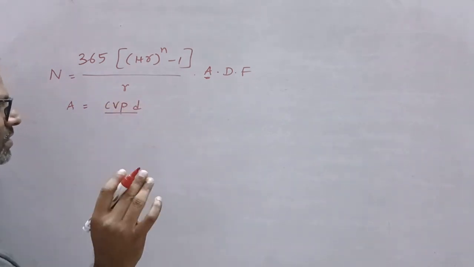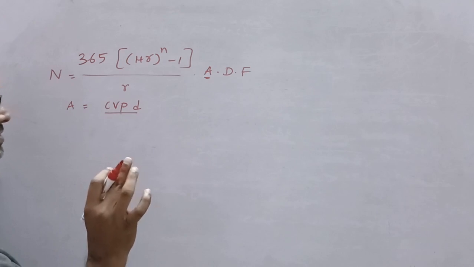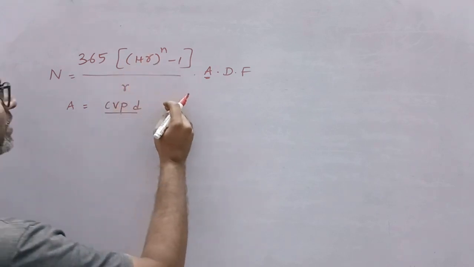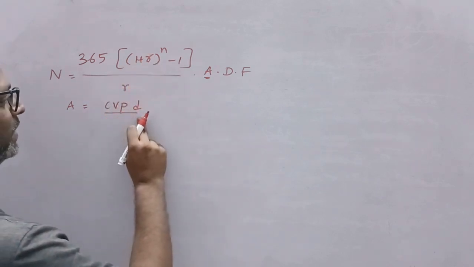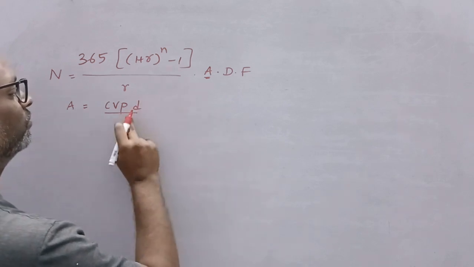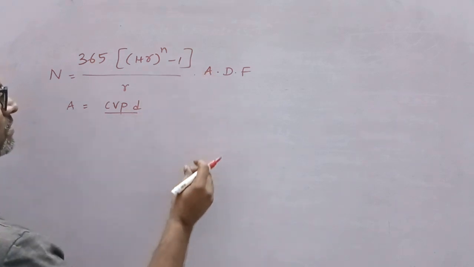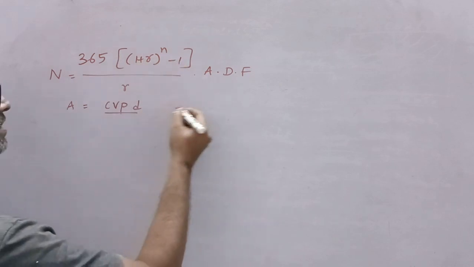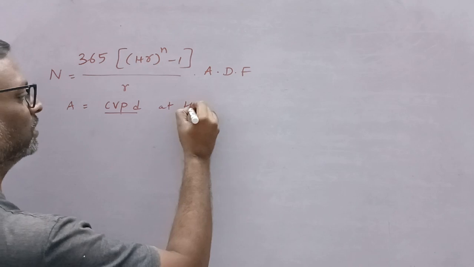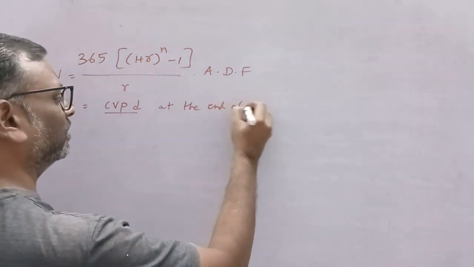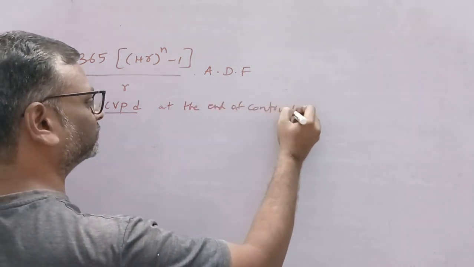We only consider commercial vehicles for the purpose of designing pavements. So commercial vehicles per day, whenever the traffic is opened to that road, that is at the end of the construction of the pavement.